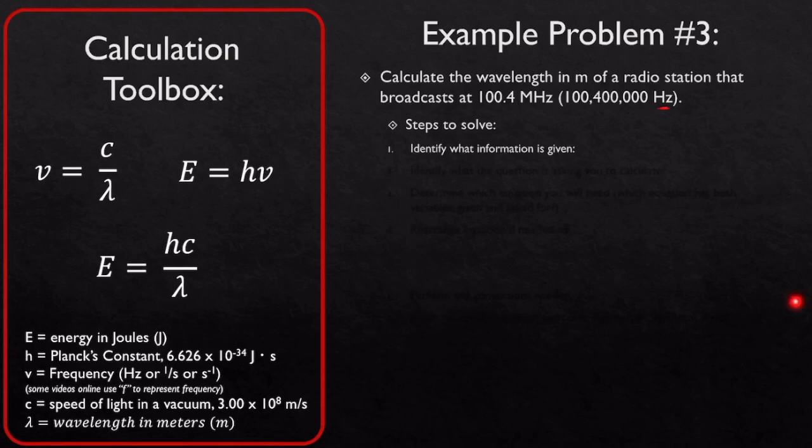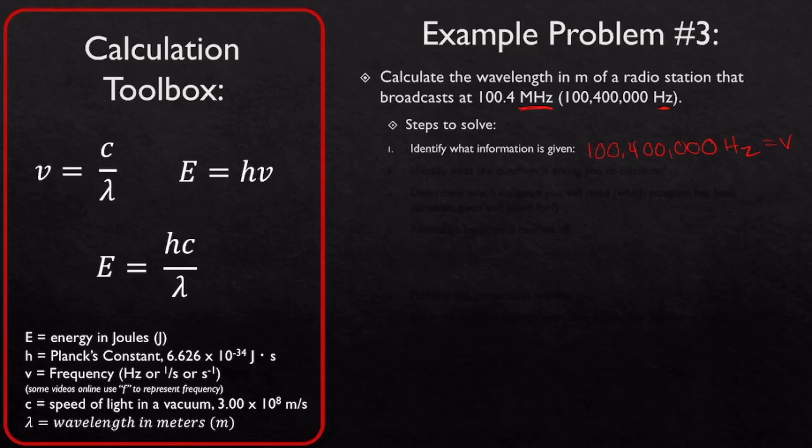So let's see, I don't want to use the megahertz because that's not a unit that goes with these equations over here. It has to be in hertz, so I'm going to use this really big number here. I've got 100,000. All right, and that's hertz, right? And so that's my frequency.